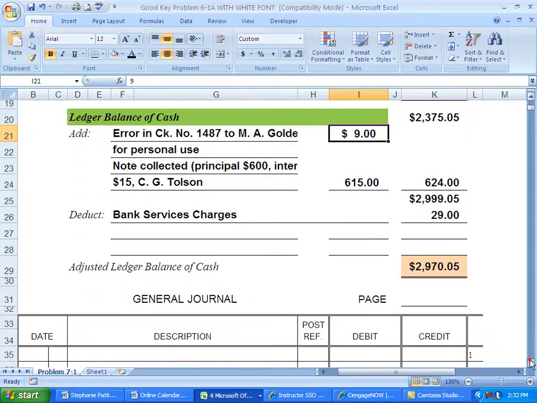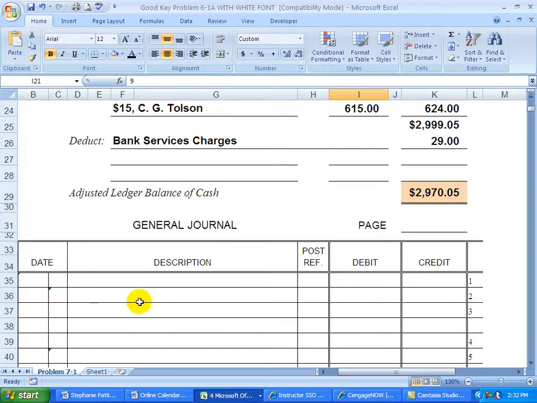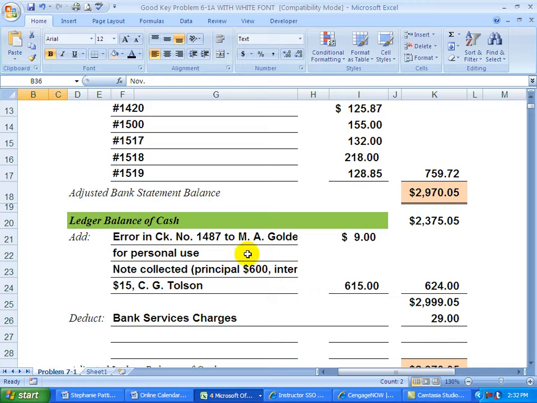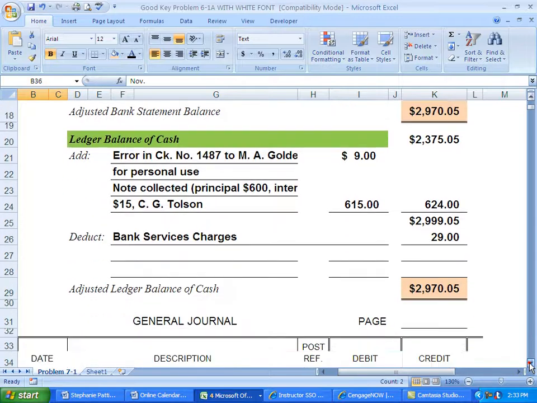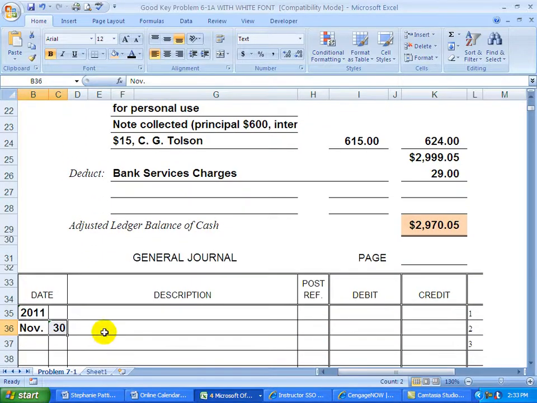So let's talk about this $9 down here first. Okay, so we're going to do a journal. Now normally, a journal is never going to be on a bank statement, but they just put it this way to make it easy on us. So here's the year and the month and the day. When you're looking at the cash account, if you add something to cash, these numbers will always be debits to cash because cash is increasing. So we're going to debit cash for $9.